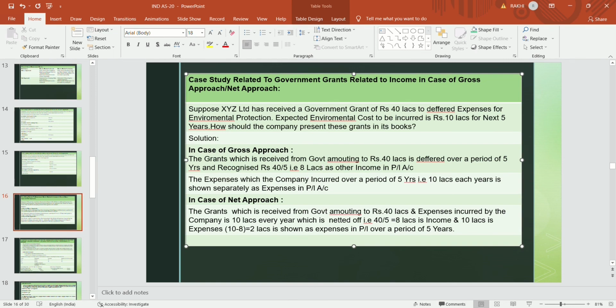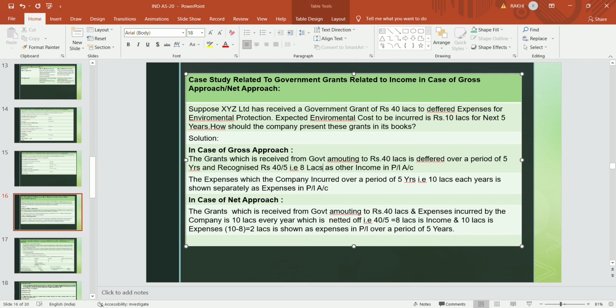So it will recognize 40 divided by 5, that is 8 lakhs, as income each year in the P&L, and the expense the company has incurred is, suppose, 10 lakhs each year. So 10 lakhs is shown separately as an expense in the P&L, and the 8 lakhs is shown separately in the P&L as income. That is the gross approach.